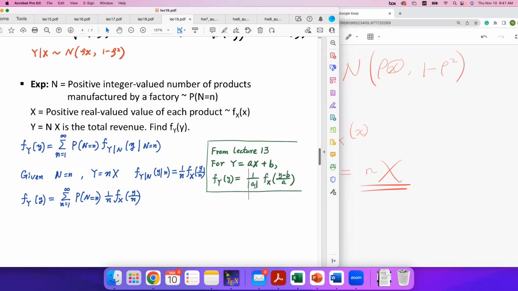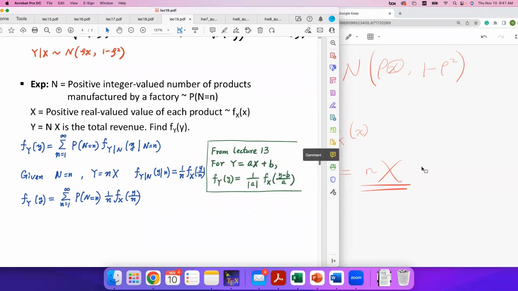So this absolute value of a corresponds to the derivative of this linear function. And remember in the fundamental theorem, we have the absolute value of the derivative in the denominator. And this is the f_X evaluated at the root of this equation. So this is exactly the fundamental theorem.